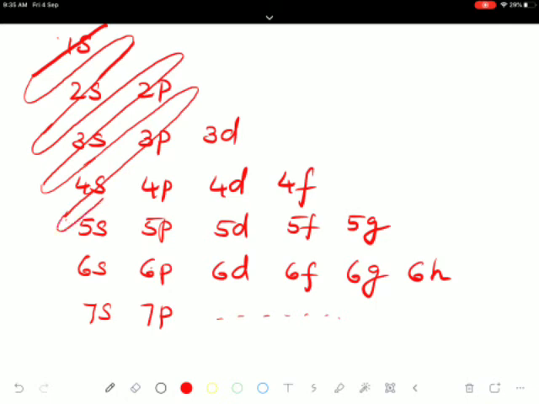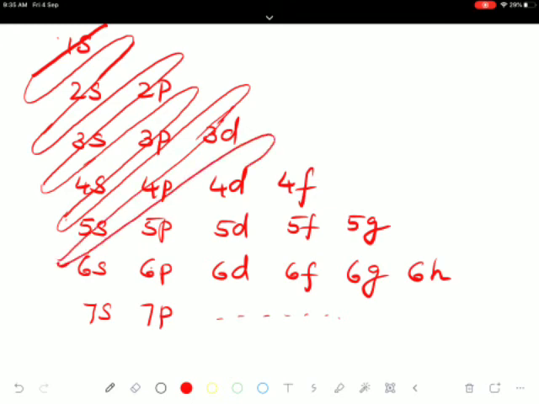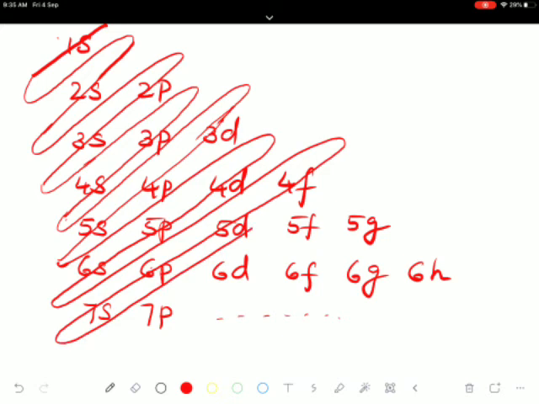After 4s, 3d, 4p, 5s. After 5s, 4d, 5p, 6s. Then 4f like this, 8s. This is the order of filling energies.